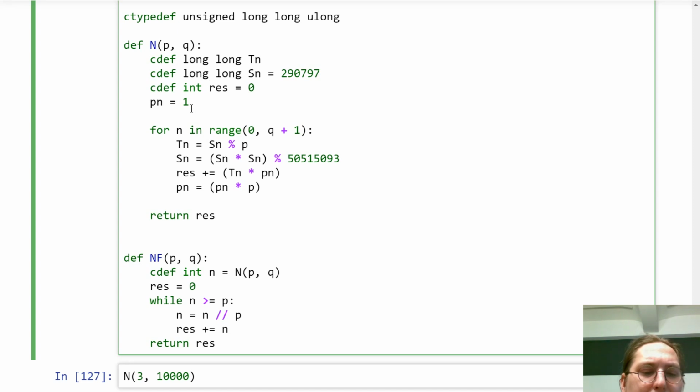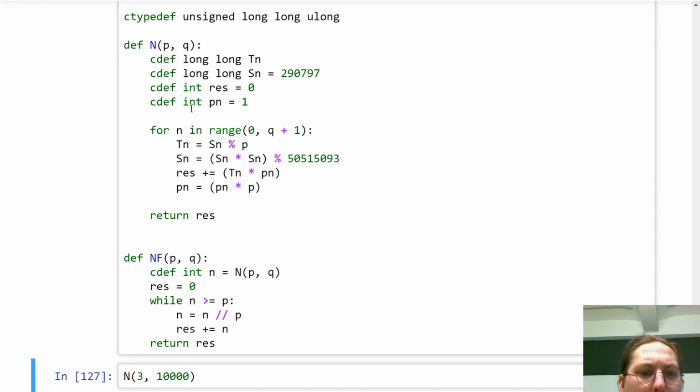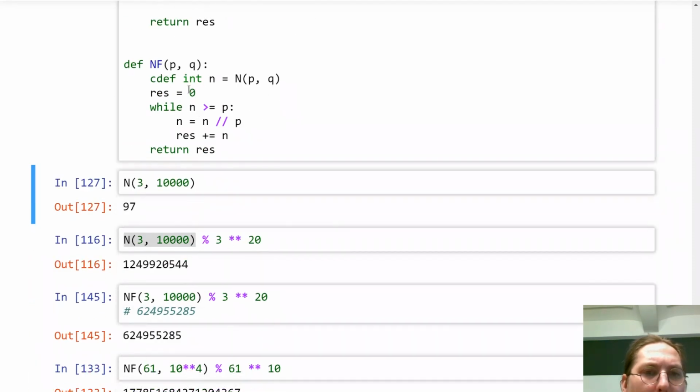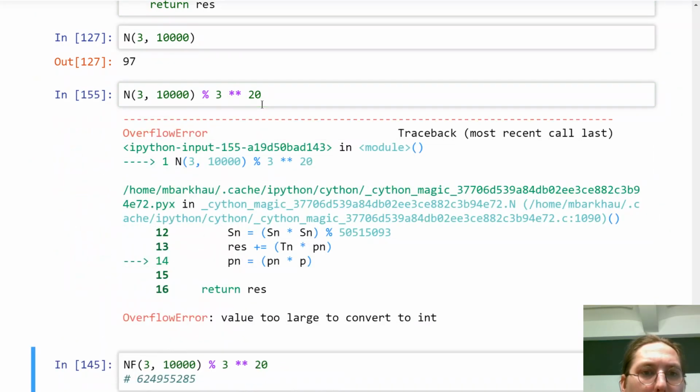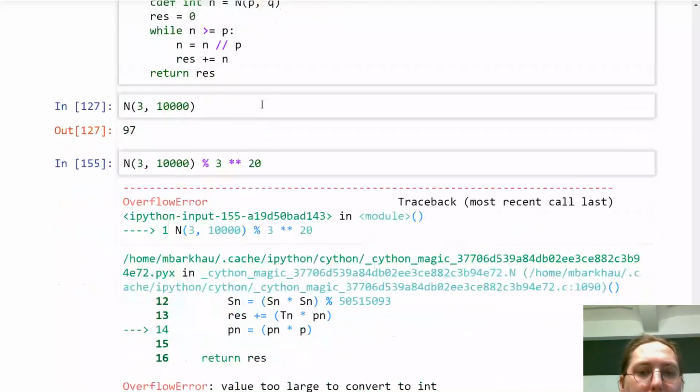I think, see, the int, isn't that the Python integer? Apparently not.